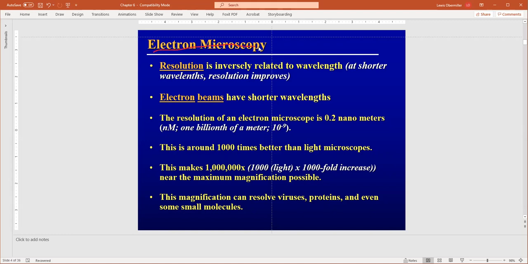Electron microscope resolution is inversely related to the wavelength. So that means shorter wavelengths give better resolution. And electron beams have shorter wavelengths.